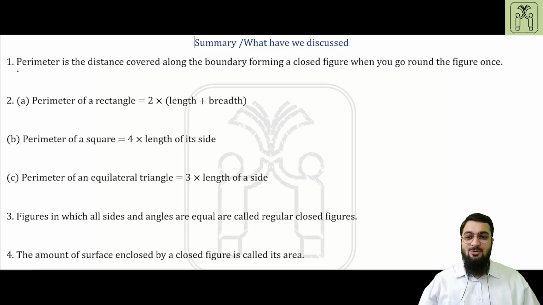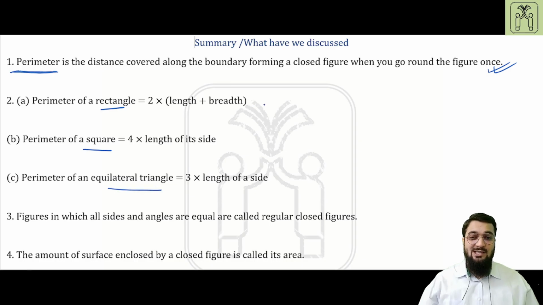Basically, it is telling us that perimeter is the total length of the boundary that a particular region is covered with. That is the definition of perimeter as per NCERT. Coming to the second point, perimeter of a rectangle, of a square, of an equilateral triangle.